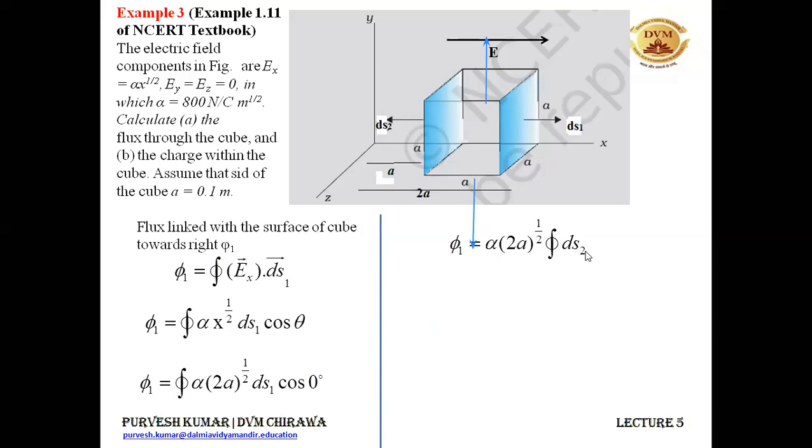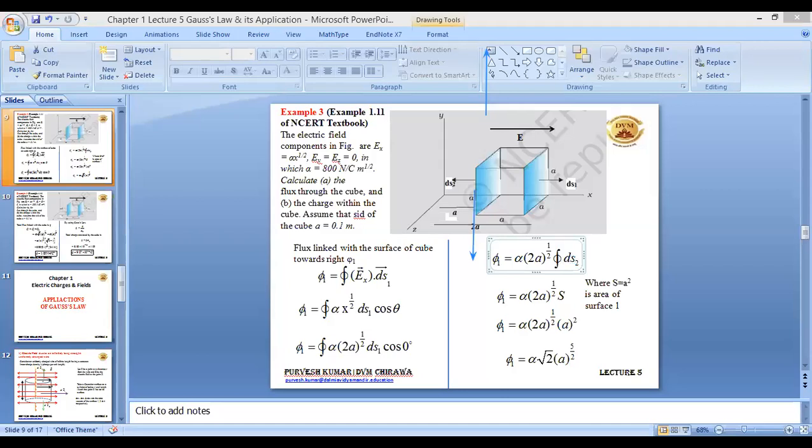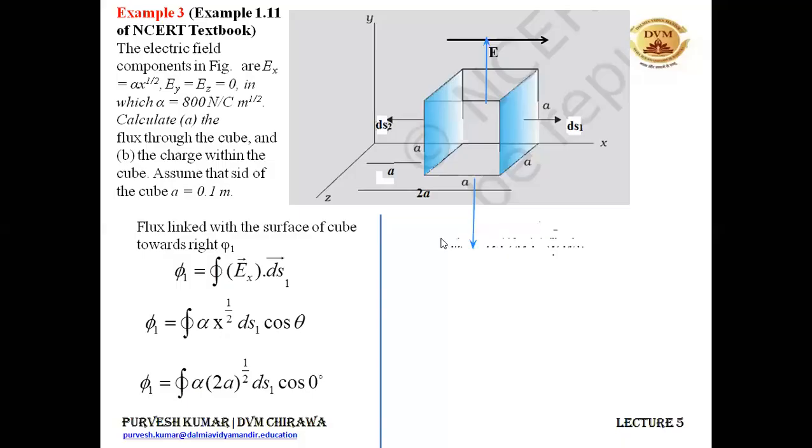Please make it ds1. I hope you have completed up to over here. So the integration of this ds1 is capital S, which is equal to the area of the surface 1. And this is equal to a square.